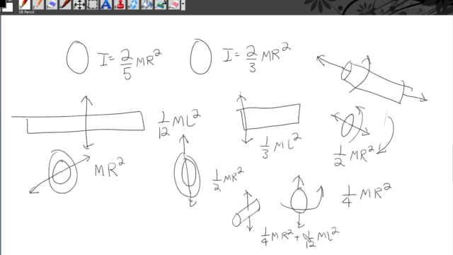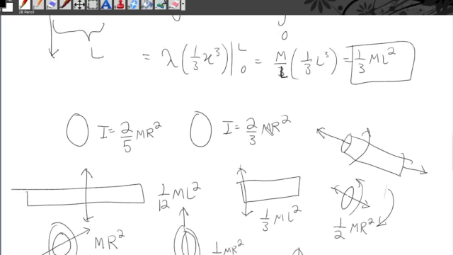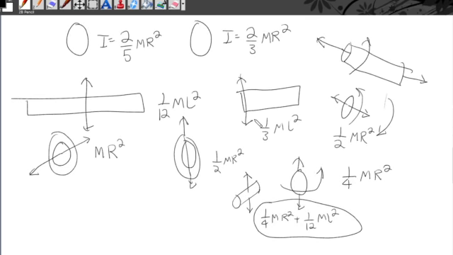You might be wondering, what's the difference between this and this? Well, you would use this if it's really thin and you don't really care about the radius, like the radius is negligible. If it's not, then you would use this formula. These are just the basic formulas, and you're better off memorizing them for tests and stuff.